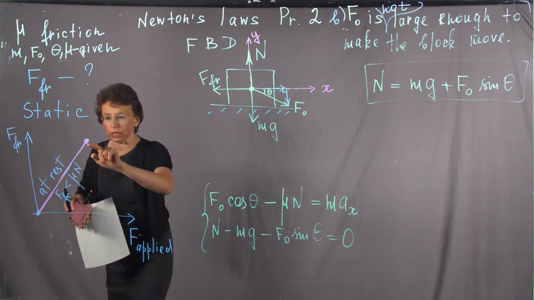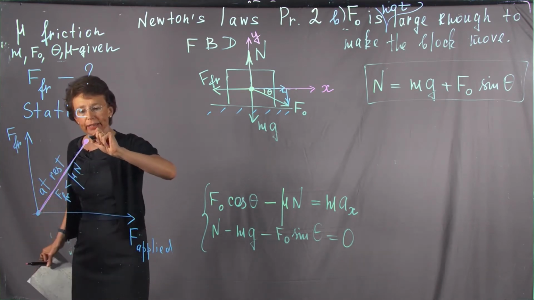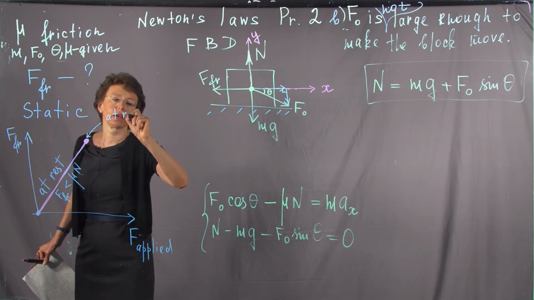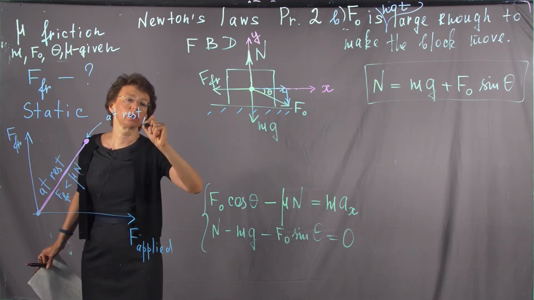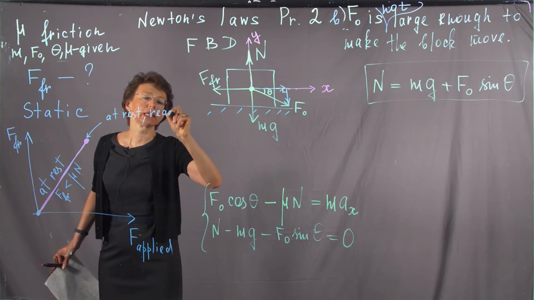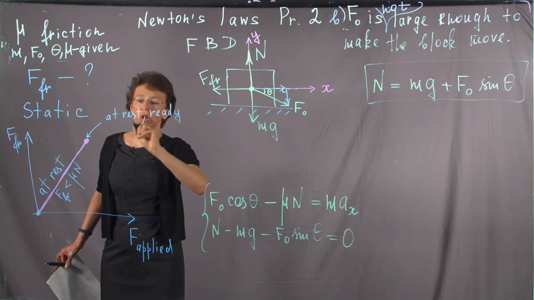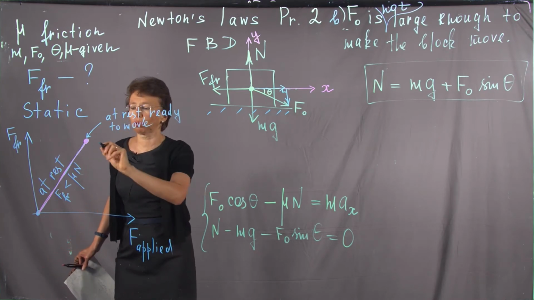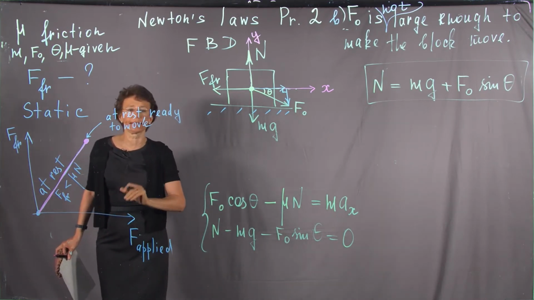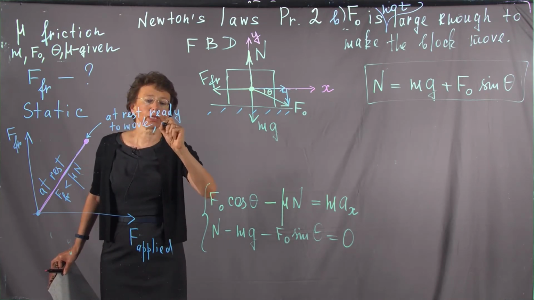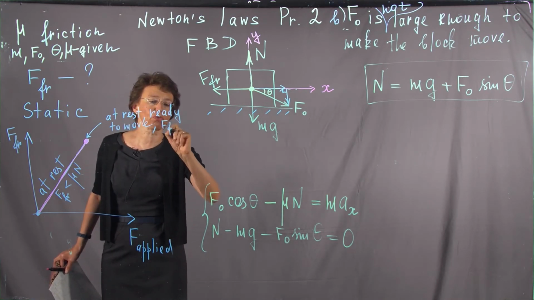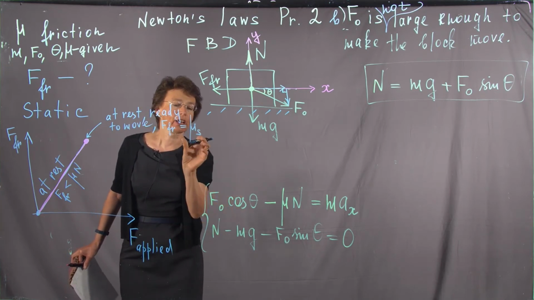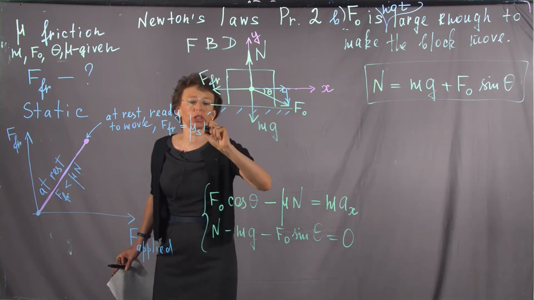So at this point, the block is still at rest, but ready to move. This is the largest magnitude of force of friction that you can achieve. At this point, the magnitude of force of friction is equal to mu static, coefficient of static friction, times n.